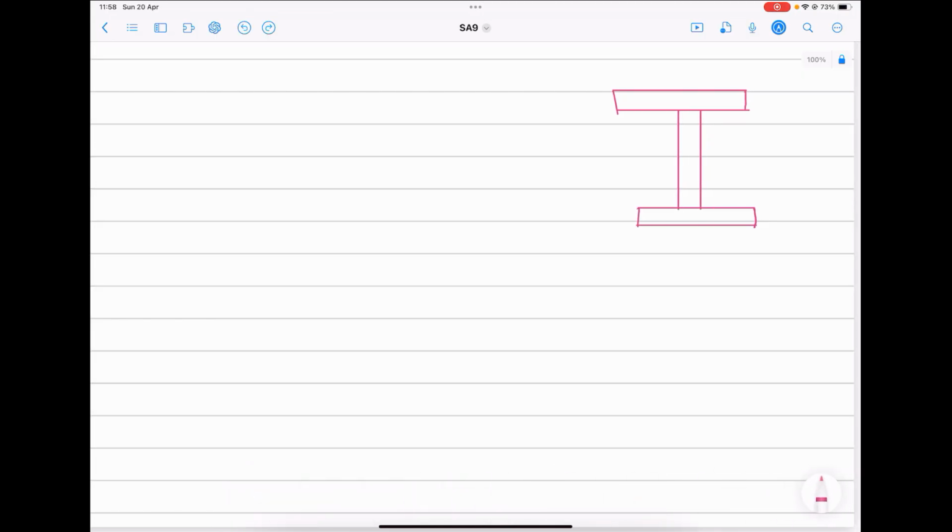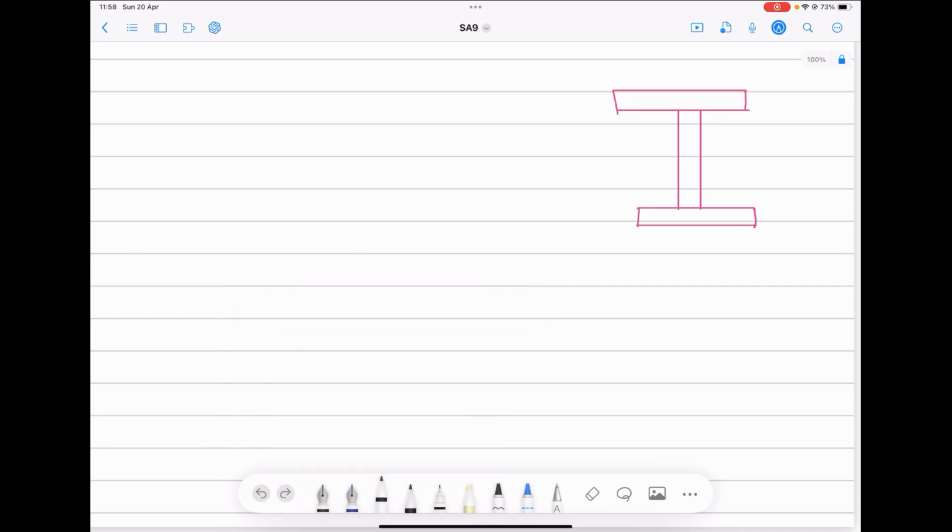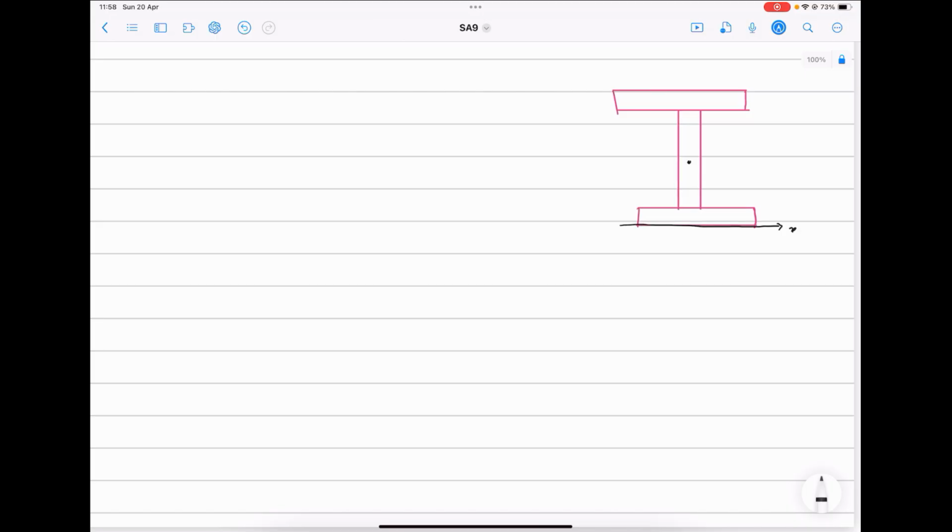Now this center of gravity is at a point. This is the x-axis, this is the y-axis.